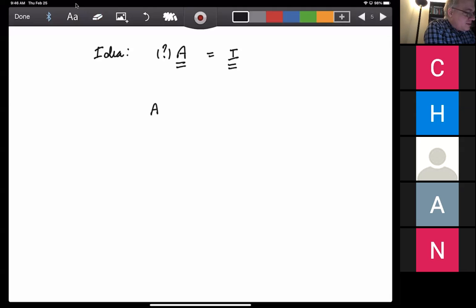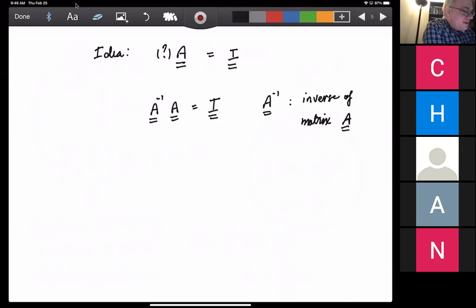Here, what we're going to do is introduce what's called the inverse of a matrix, which is another matrix. And if A is n by n, then A inverse has to be n by n as well.